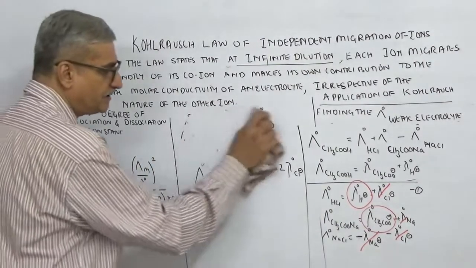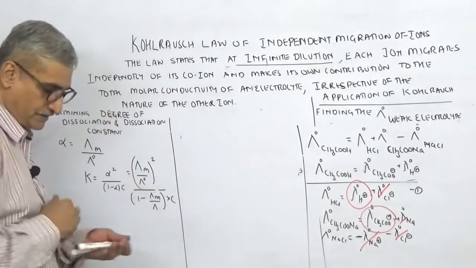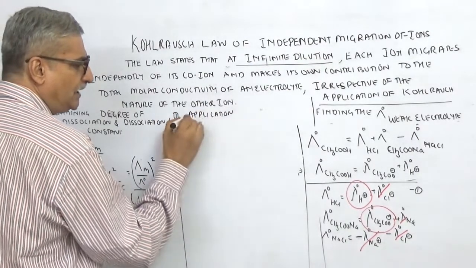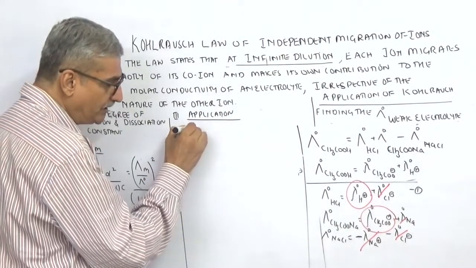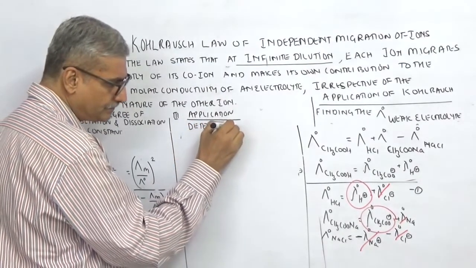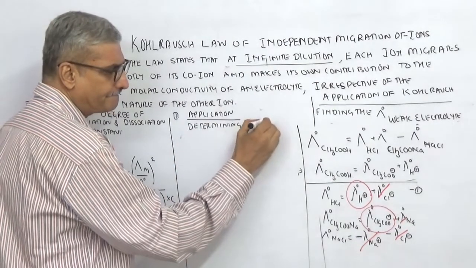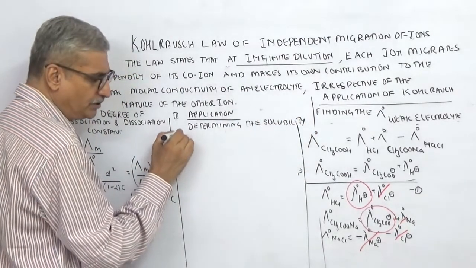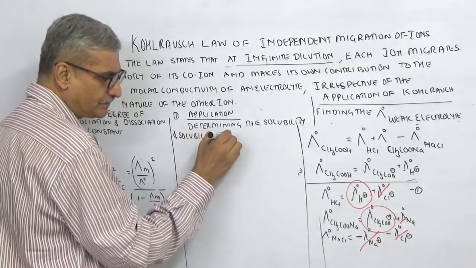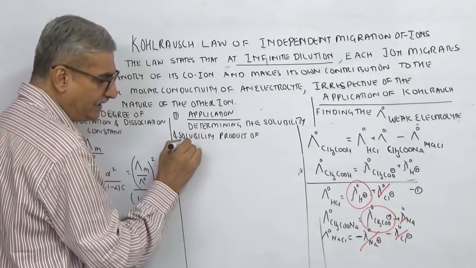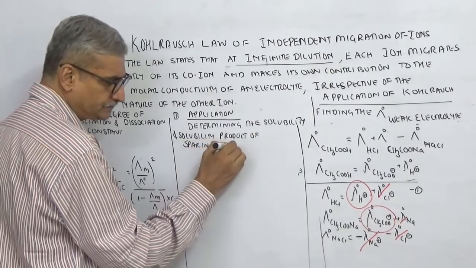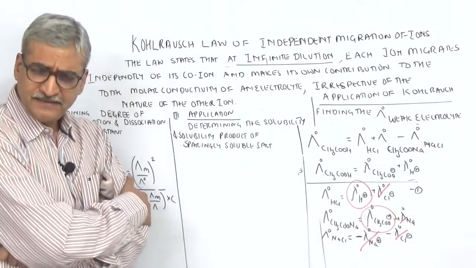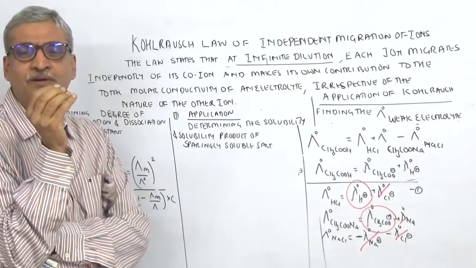The third application is in determining the solubility and solubility product of sparingly soluble salts. Sparingly soluble salts are electrolytes, but when they dissolve they give a very small amount of ions.